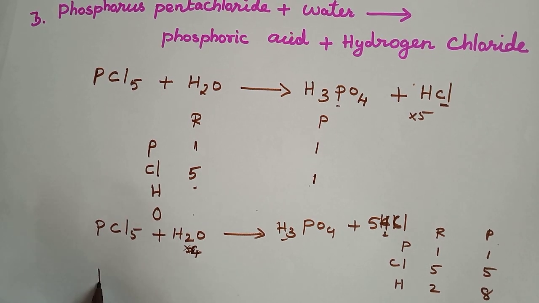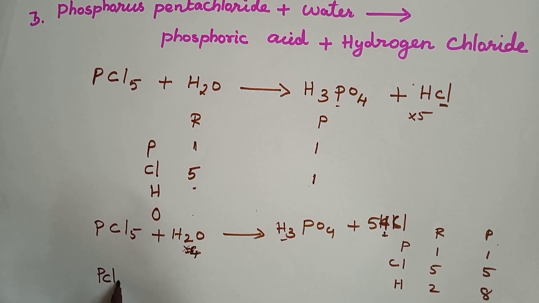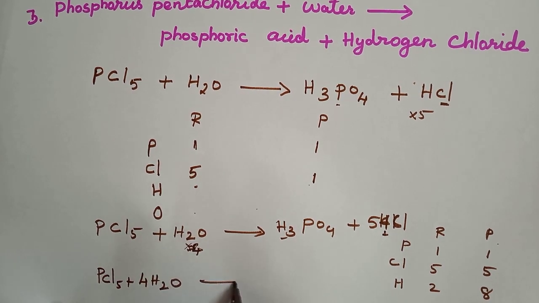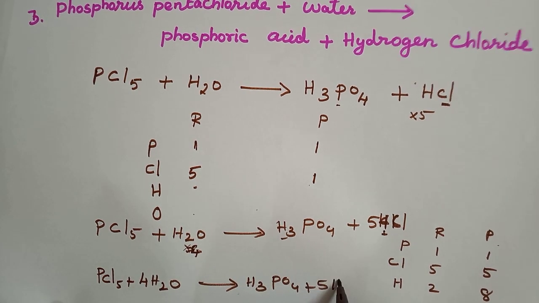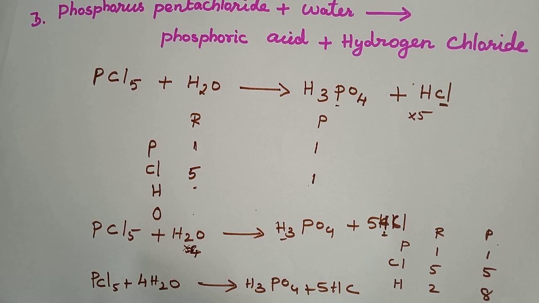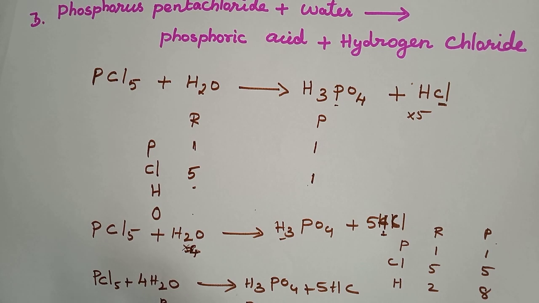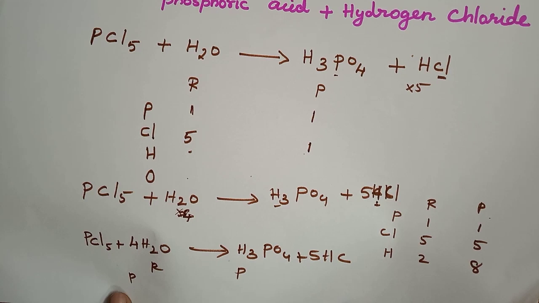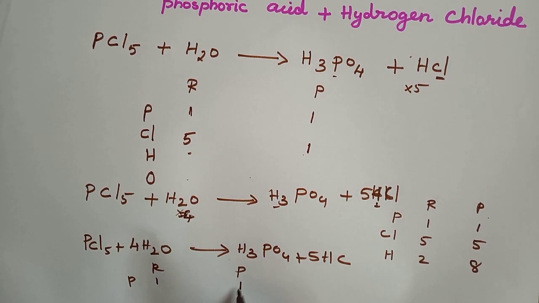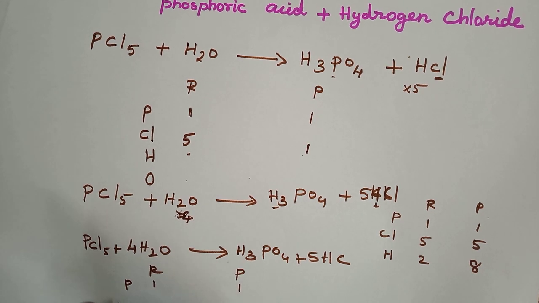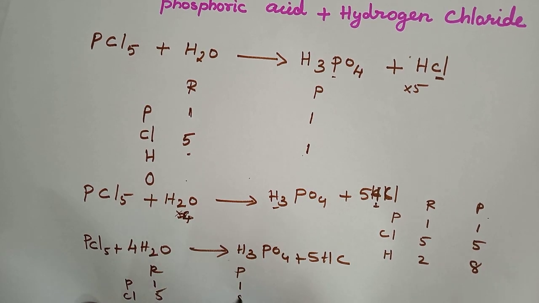Yes. So now the new equation: PCl5 plus 4H2O gives H3PO4 plus 5HCl. Now shall we do it once again? Reactant side, product side. P, how many do we have? 1, 1. Cl we have 5, 5.